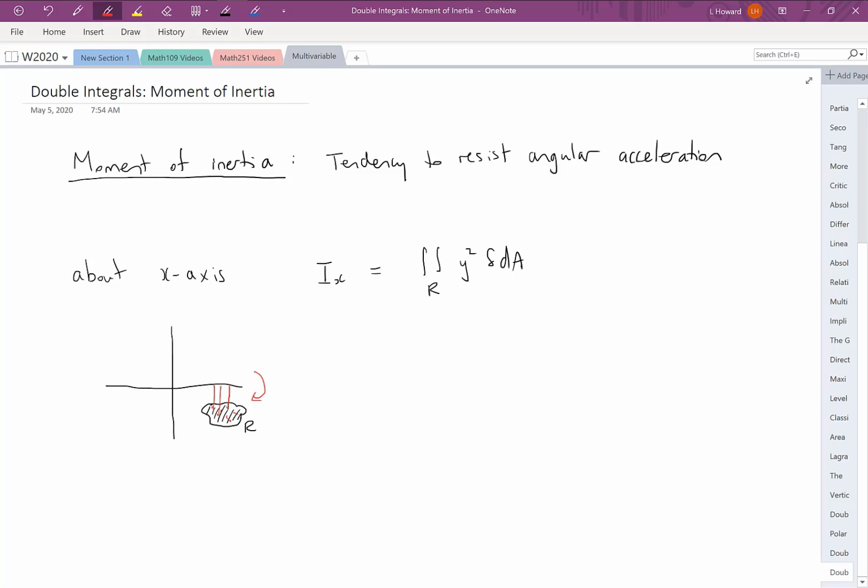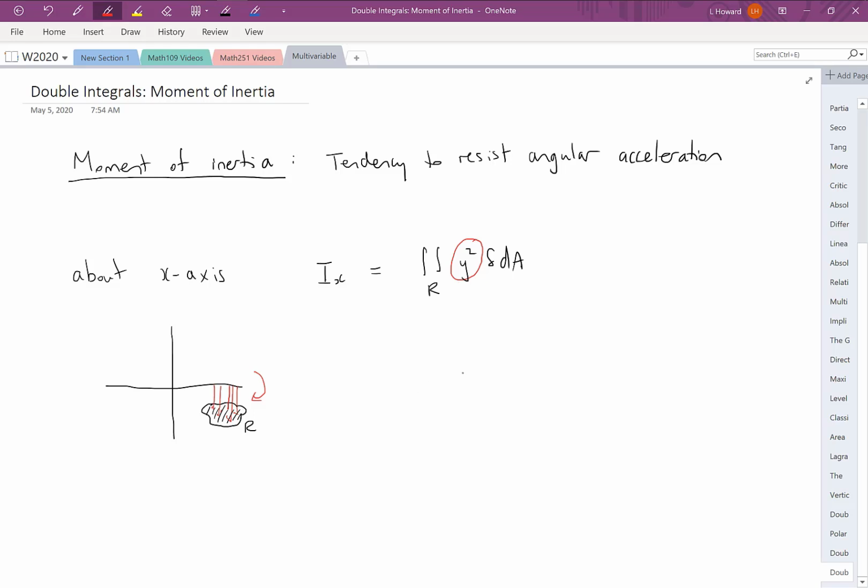And just so that we don't care about the sign of the y value, we're going to look at this quantity y squared. So y squared measures the distance squared of each point from the axis of rotation. And then delta is our density.